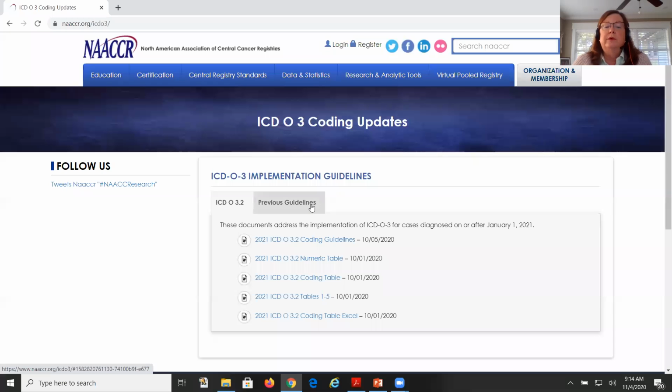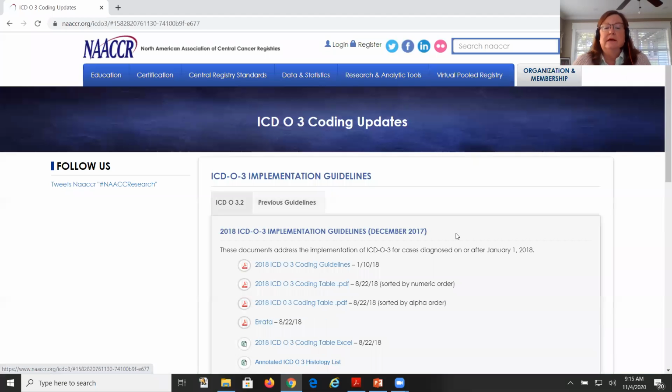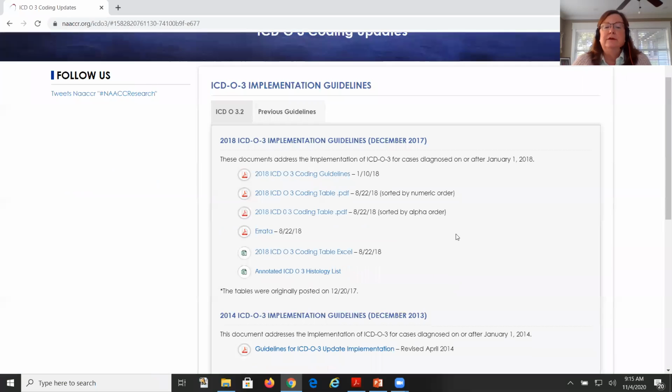So what we need to look at for now is previous guidelines. When you click on that, you'll see all the documentation that applies to diagnoses 1/1/18 through 12/31/20.